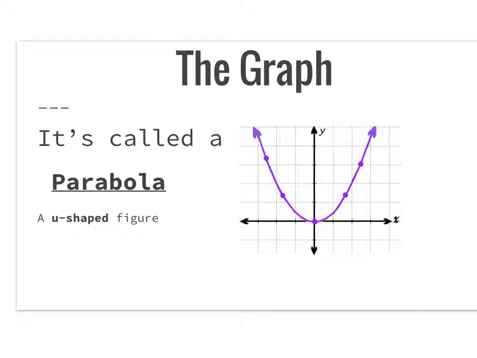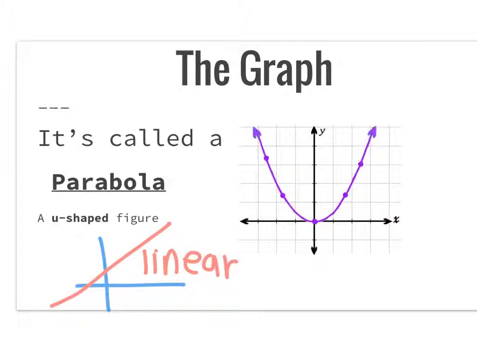How does the graph of a quadratic function look? For a linear function, I'm sure you've all seen some kind of line like this. This is linear because it is a line. But our quadratic function's graph will look like this. We have a special name for this U-shaped graph.